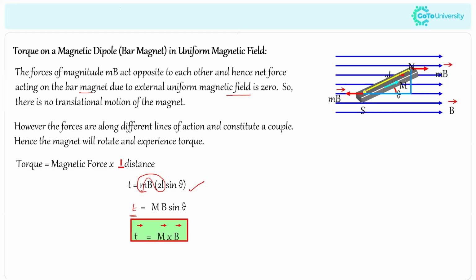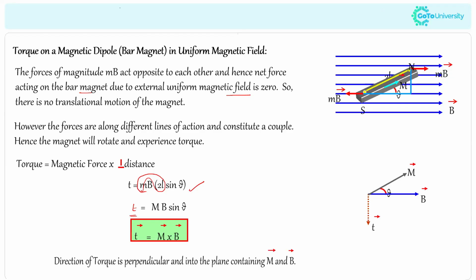In terms of cross product, we can write tau equals M cross B as well. This is the diagram usually represented. The direction of the torque is always perpendicular to the plane containing the dipole and the magnetic field.